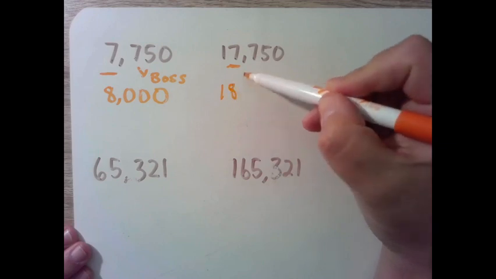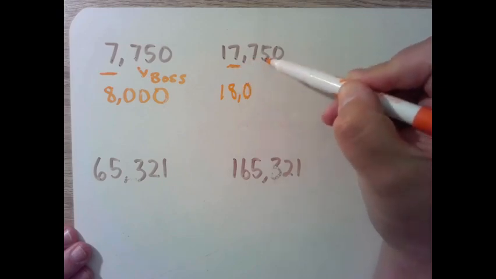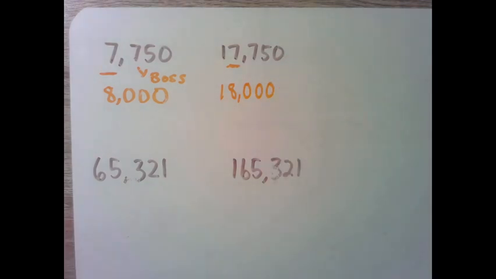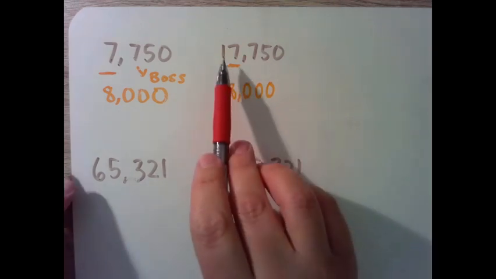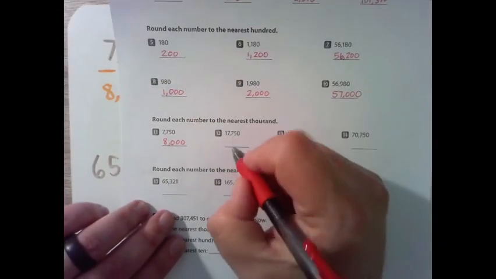Then you rewrite the comma. Everything after the stop sign becomes 0, so the 7 becomes a 0, the 5 becomes a 0, and that 0 stays a 0. So we're at 18,000 as our answer when we round 17,750 to the nearest 1,000.